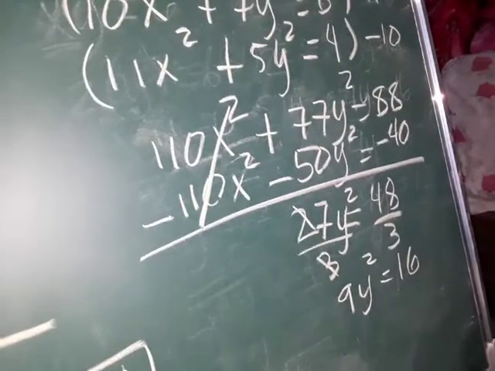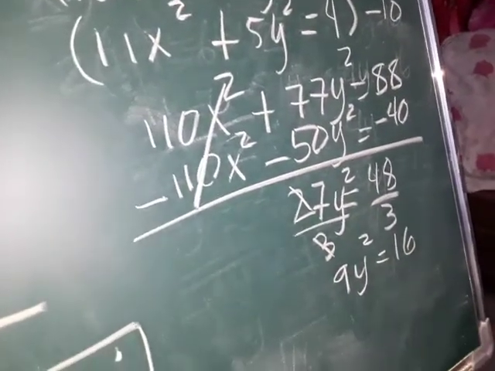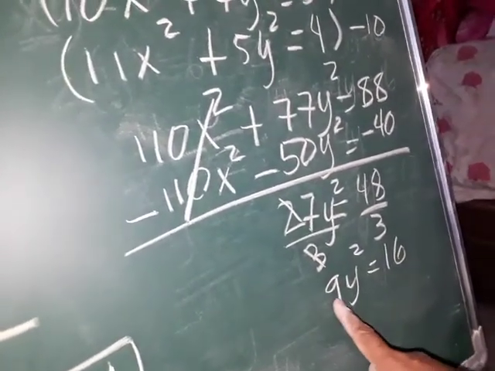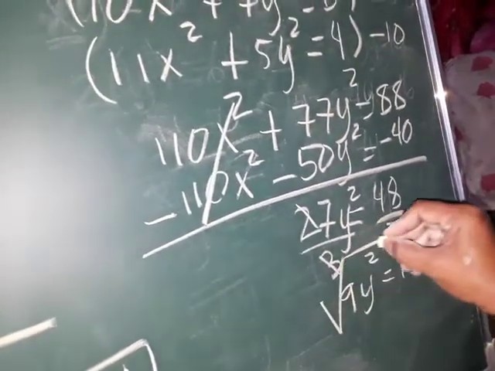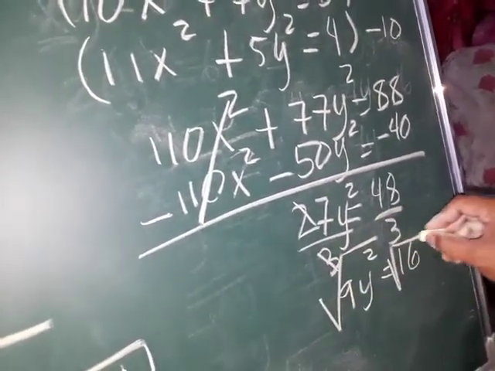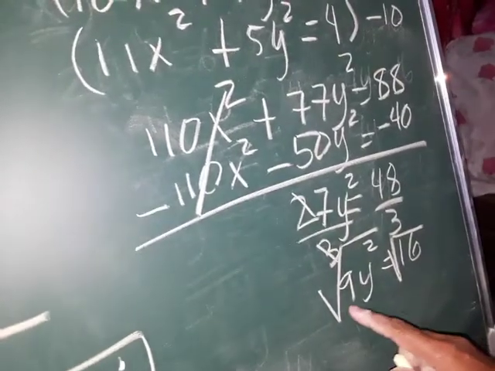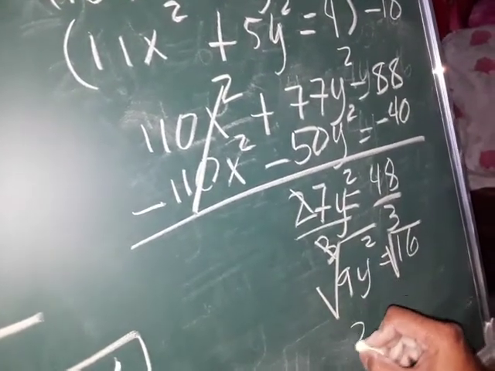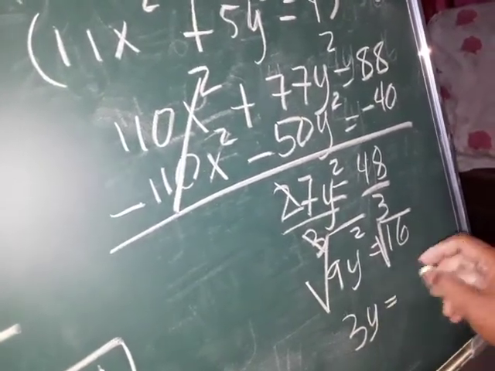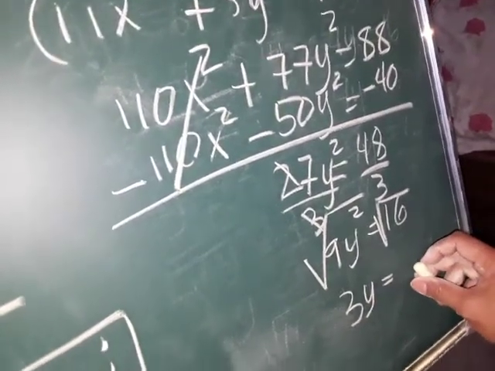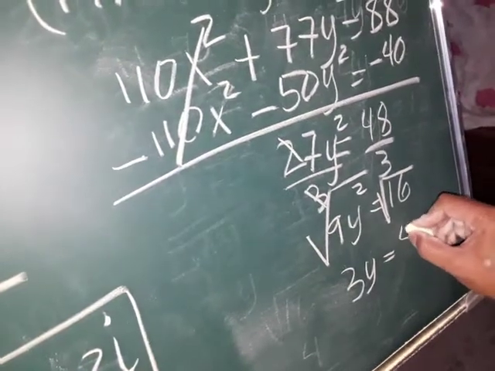Okay, so no, not divide. We're not going to divide now since this is a perfect square. So let's put the radical sign, or square both sides. The square root of 9 is 3, the square root of y squared is y, is equal to the square root of 16, which is 4.